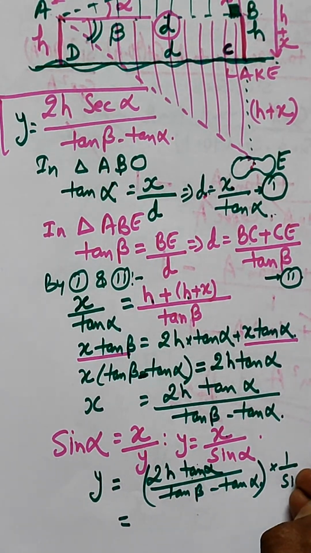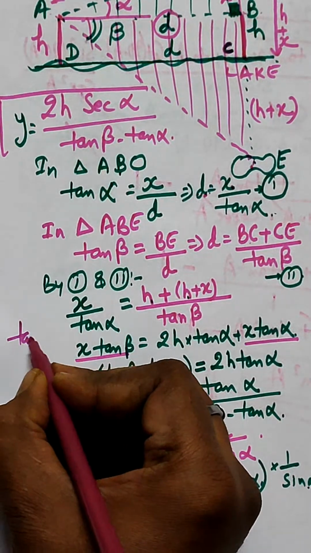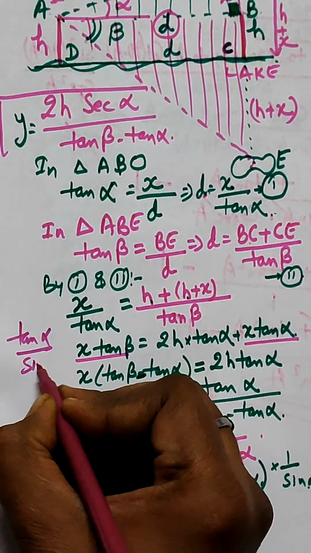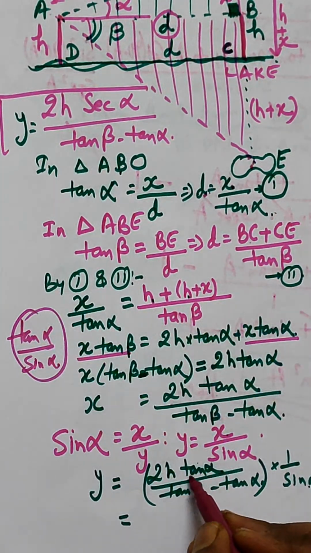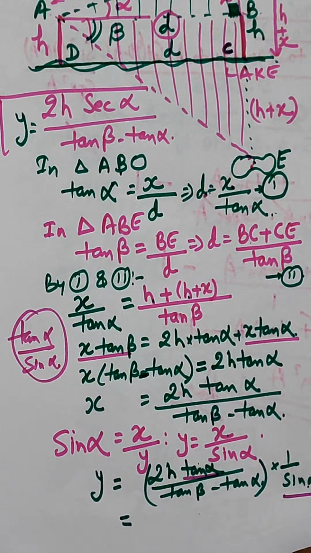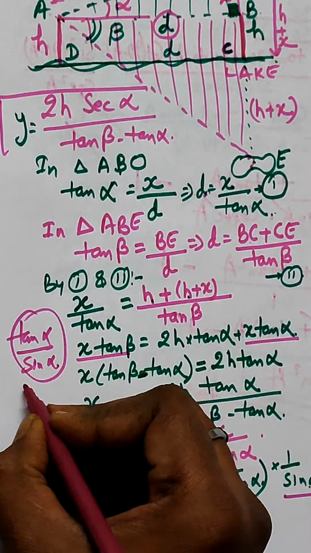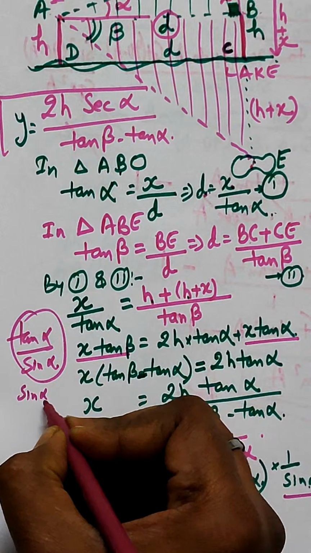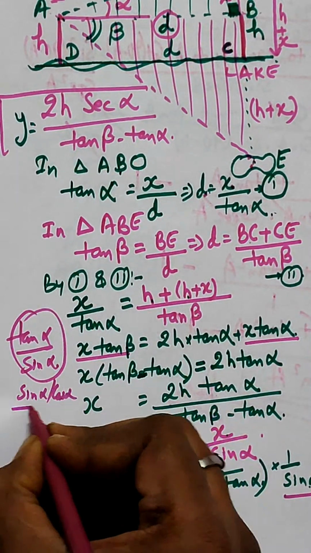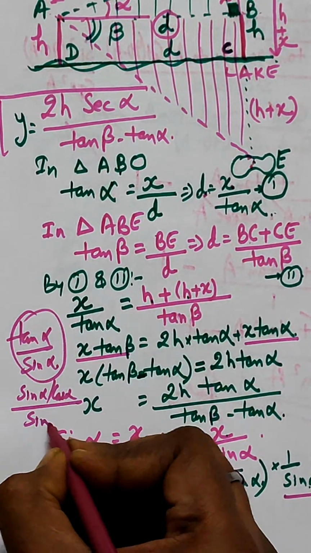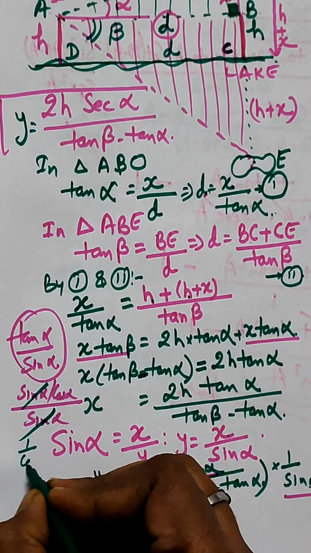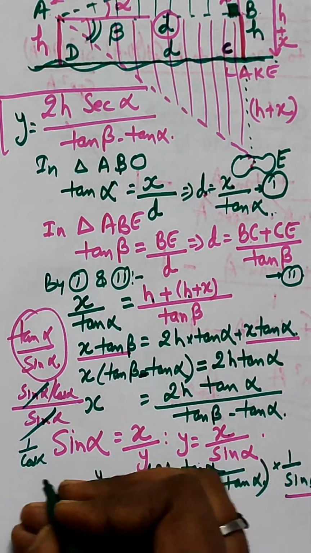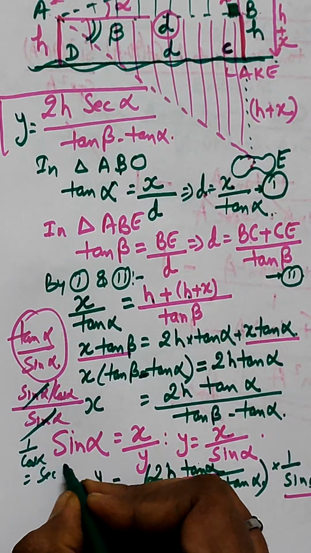What is tan alpha by sine alpha? See this, this is tan alpha and this is sine alpha. So tan alpha by sine alpha will come as sine alpha by cos alpha divided by sine alpha. So here you can see sine alpha will be cancelled out and we are left with 1 by cos alpha, and 1 by cos alpha is sec alpha.